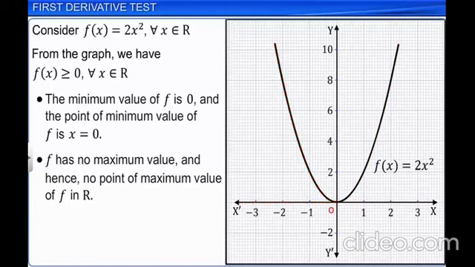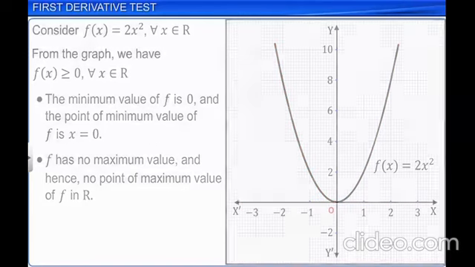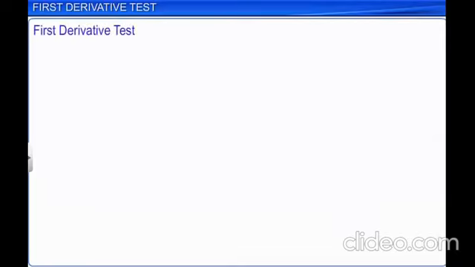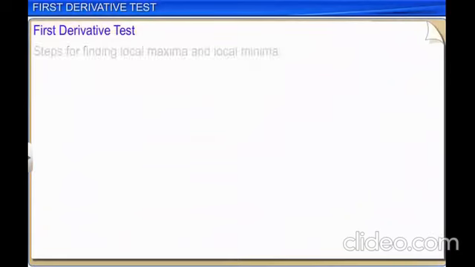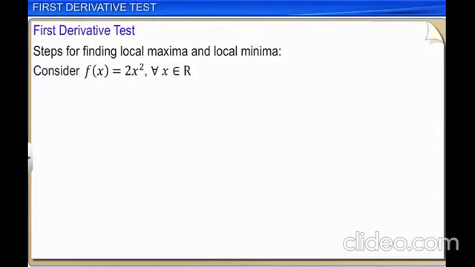In addition to this method, there is another method known as the first derivative test, which is quite frequently used to find the minimum or maximum value of a function. Let's learn about this method step by step in detail and find the local maxima and the local minima of the function f of x equals 2x squared. The first step is to find the derivative of the function f of x.